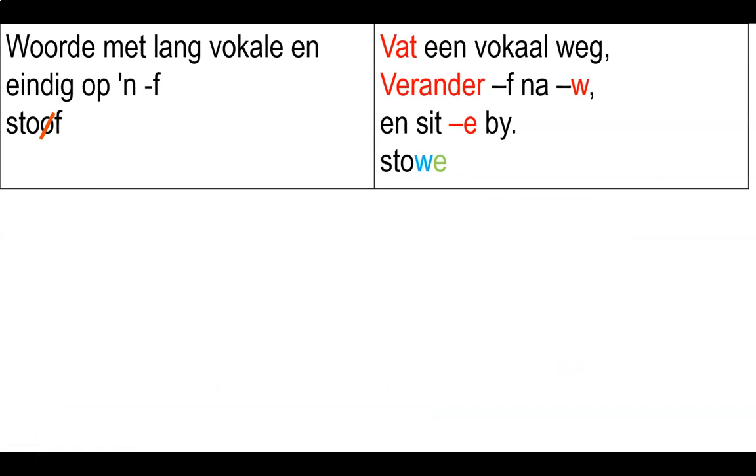Similarly, if it's a long vowel and it ends on an F, we drop the one vowel, change the F to a W, and we put an E at the end. That way, again, we keep it a long sound. So if you listen to the difference, stof, stowwe, stoof, stowe.